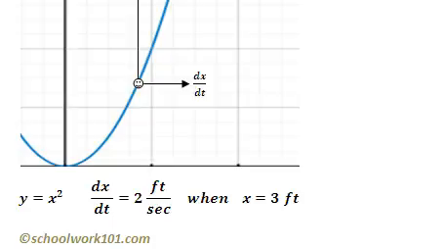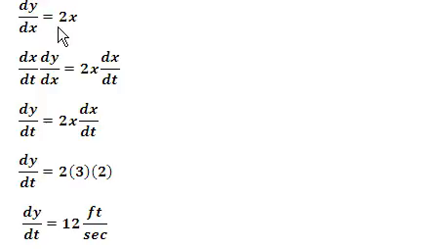All right, we better get started with this problem. So we took the derivative, and the derivative of x squared is just 2x. What I've got here is dy over dx is equal to 2x, if you normally would take the derivative.